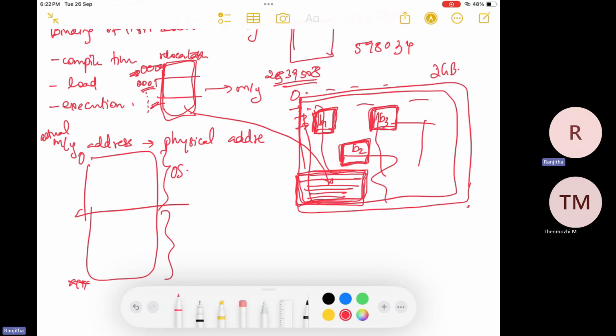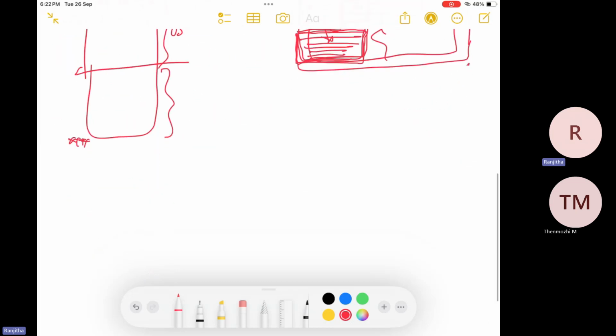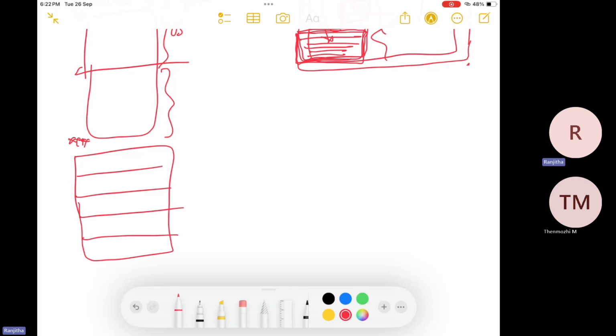This was one type of partitioning. Another partitioning was to partition the memory into fixed size blocks. The whole memory is partitioned into fixed size blocks, and program P1 will be given this block, P2 could be given this block, P3 could be given this block.